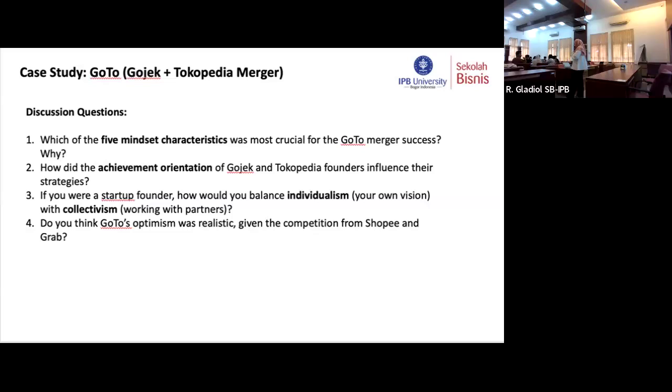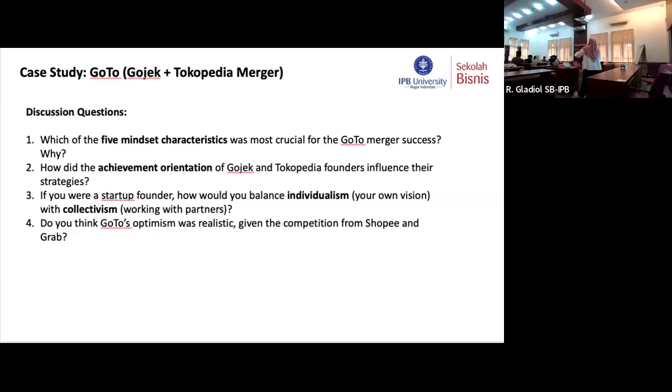Both goals influence their strategies to merge and create synergies.